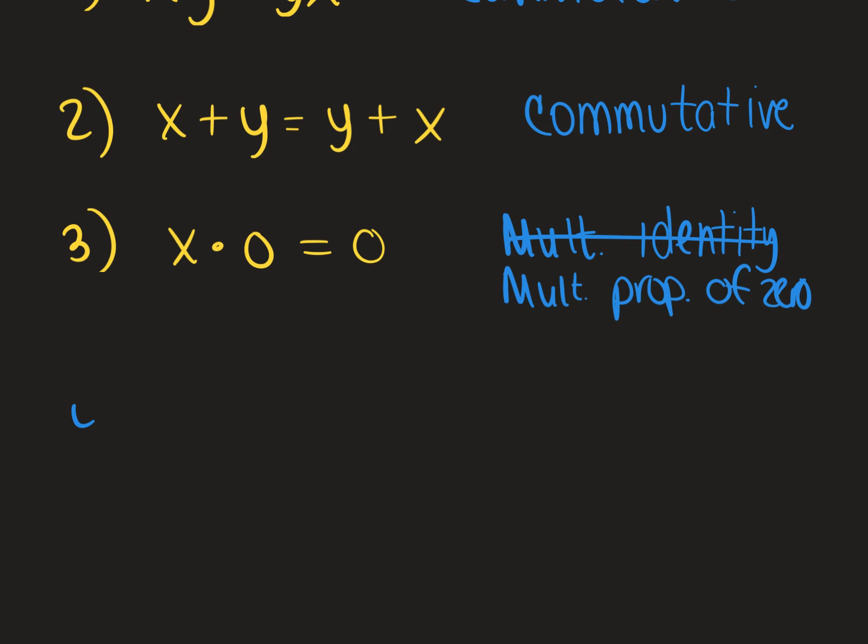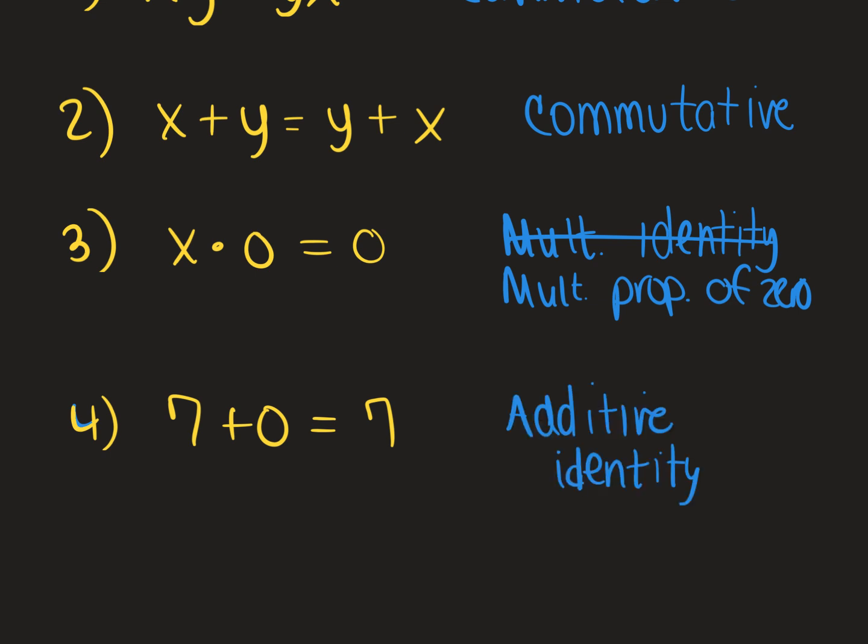Okay, question 4. All right, what is this answer? The answer was additive identity. I'm adding 0 to 7 and I still have 7.